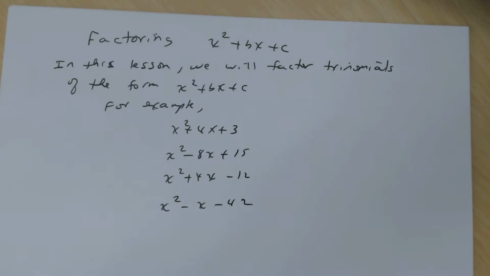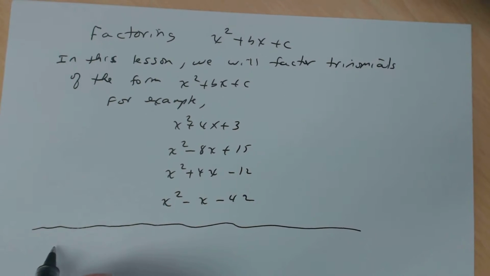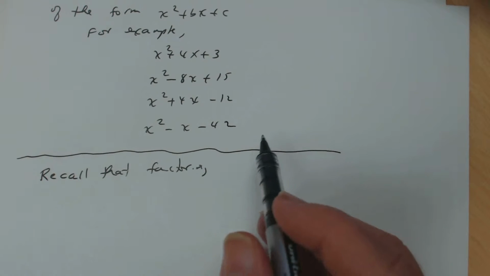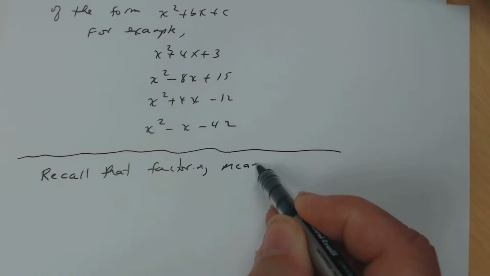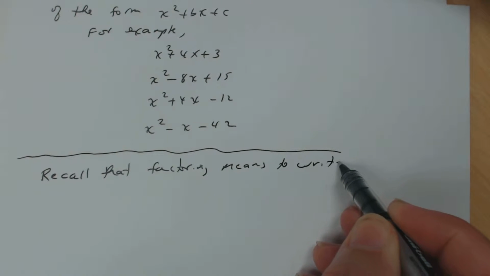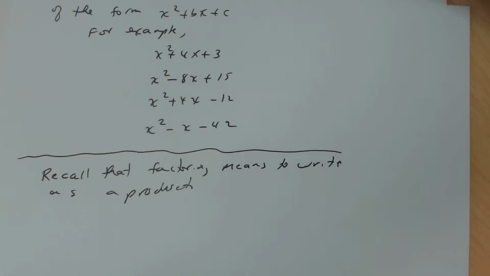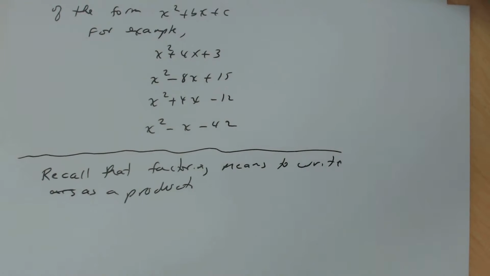Okay, so let's look at this example. Before we do that, just a reminder, recall that factoring means to write as a product. Remember in the last section when we talked about the GCF, that's as a product.